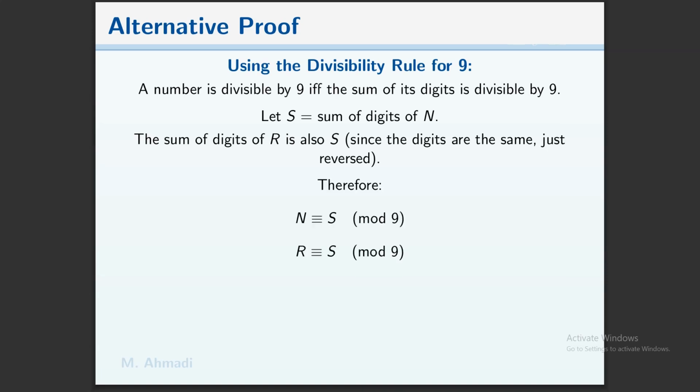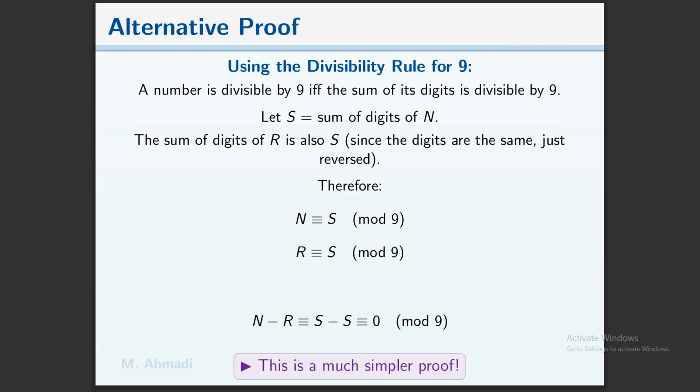Therefore, n is congruent to S mod 9, and also the reverse number r is congruent to S mod 9. N minus r is congruent to S minus S, which is congruent to 0 mod 9. This is much simpler. This shows that 9 divides n minus r.